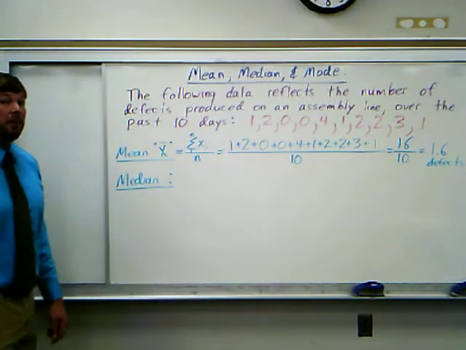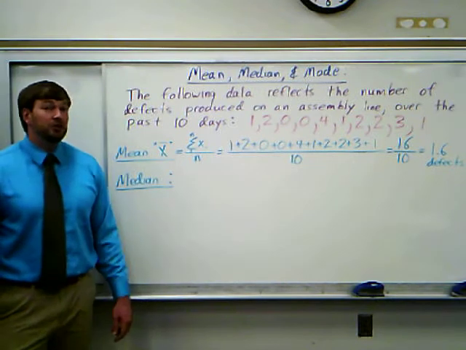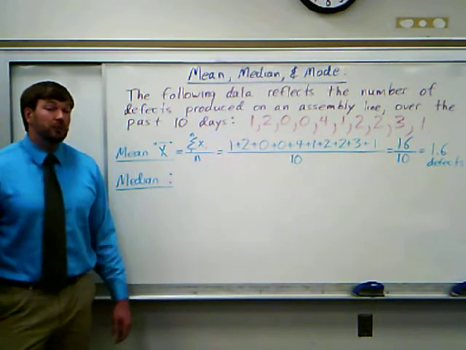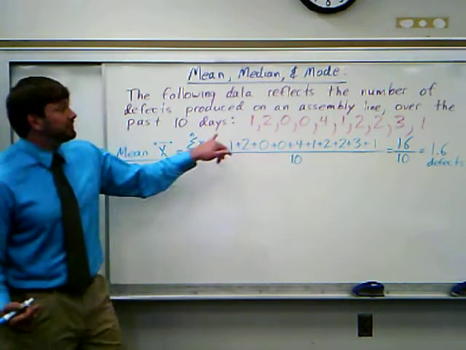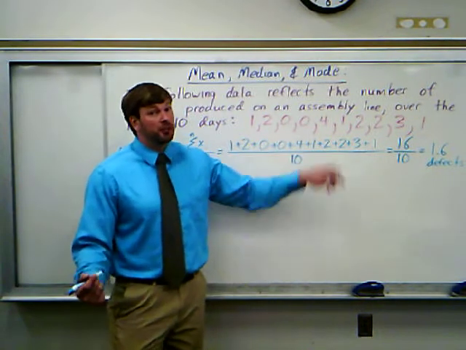Now, to determine the median, what you need to do is arrange our values from smallest to largest. So first thing we want to do is do that, because these values aren't given to us from smallest value to largest.